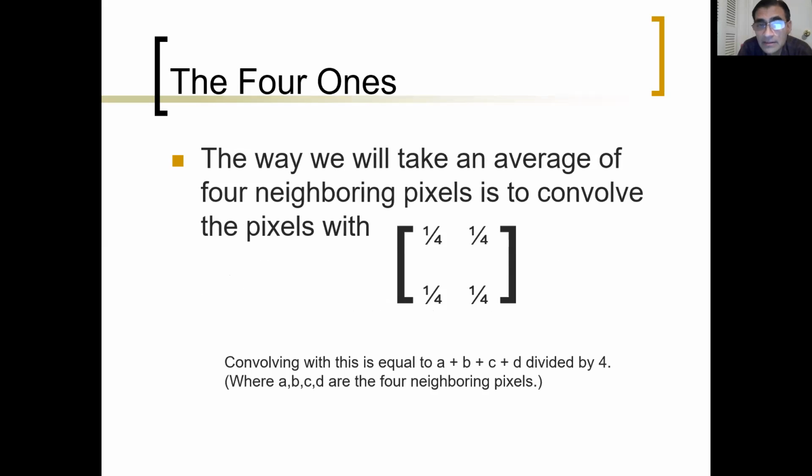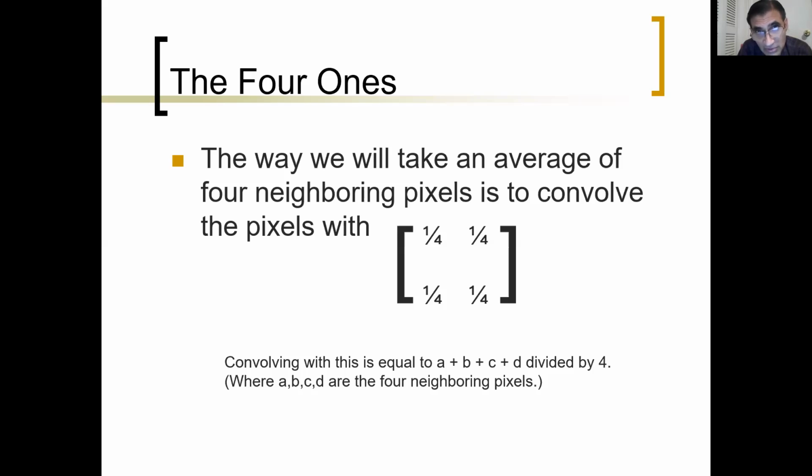Okay. What you need to understand is that an averaging process is the same as running a convolution on the image with a small table of 4 quarter values. I'll let that sink in for a while. Make sure you really understand that point, okay?